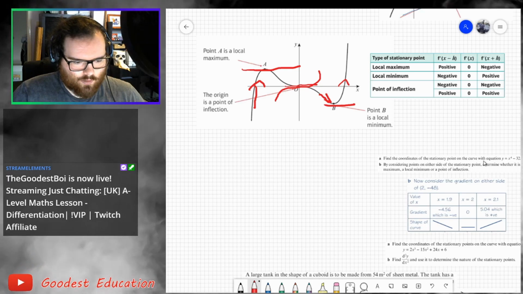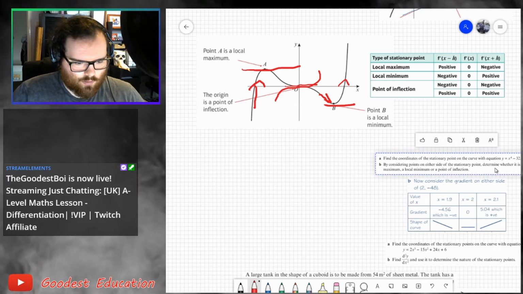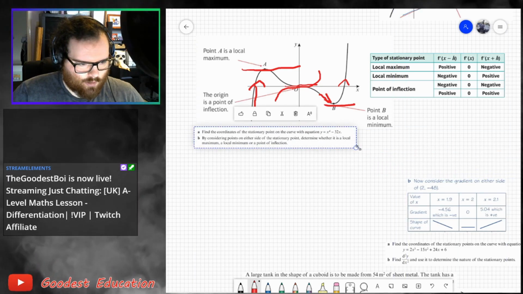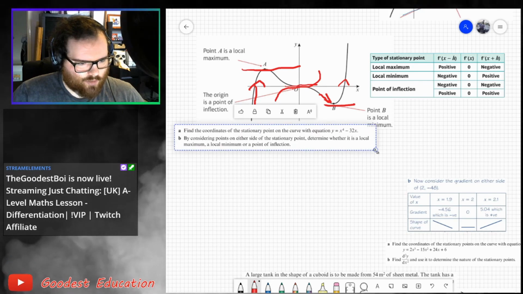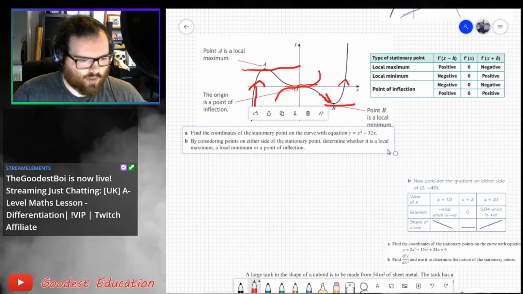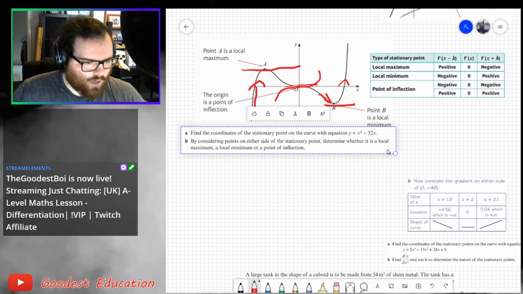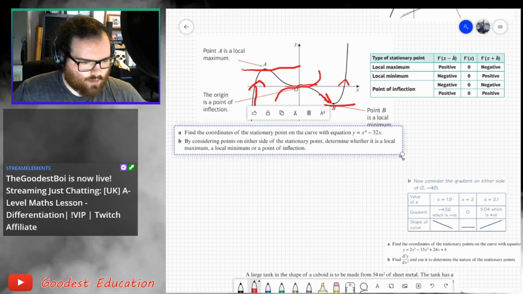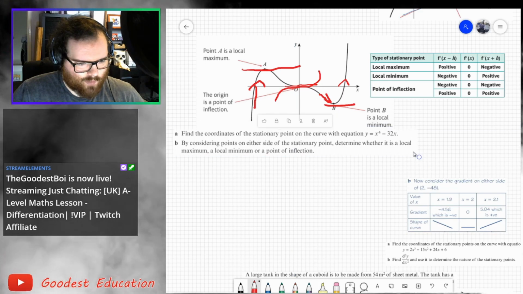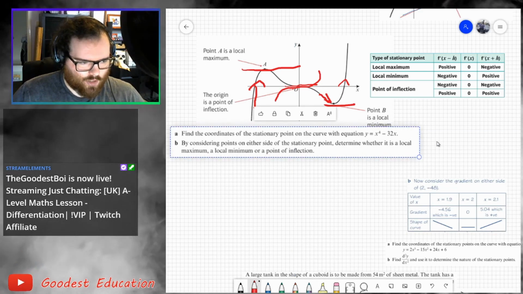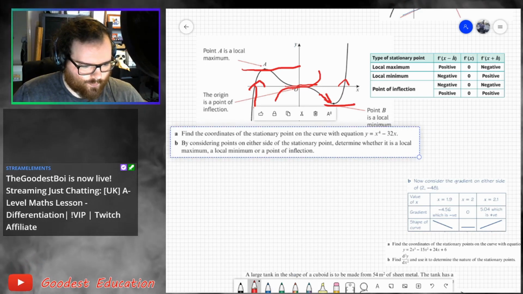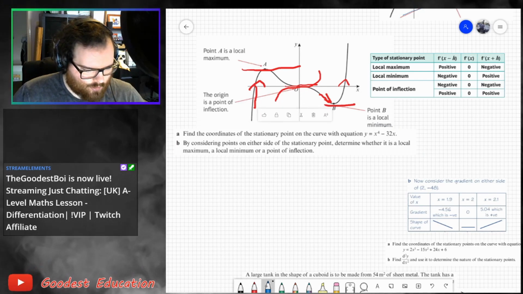So a quick example of that is: find the coordinates of a stationary point on the curve with equation y is equal to x to the 4 minus 32x. To find a stationary point, we first need to know what the gradient is.